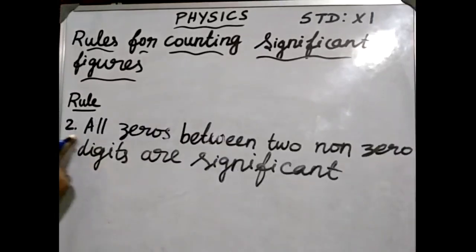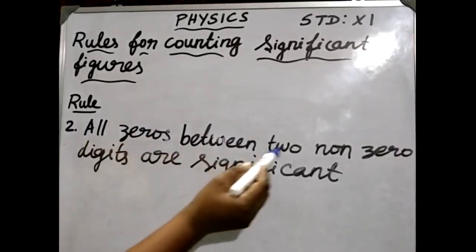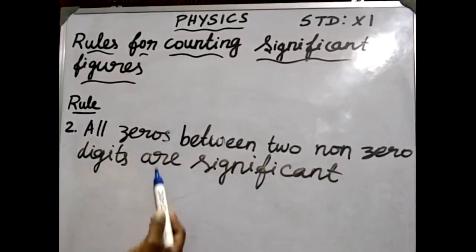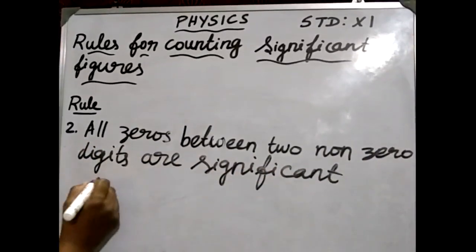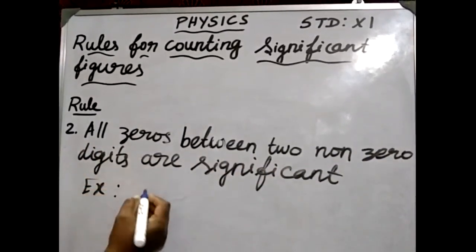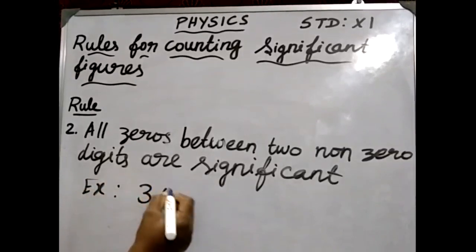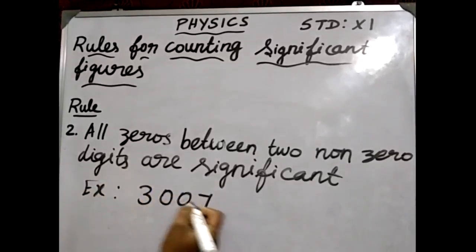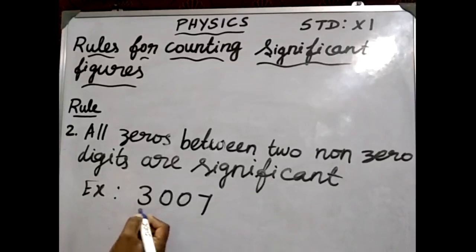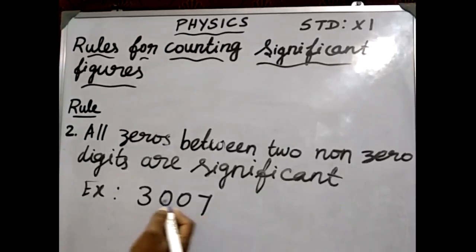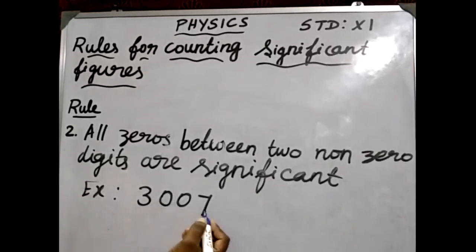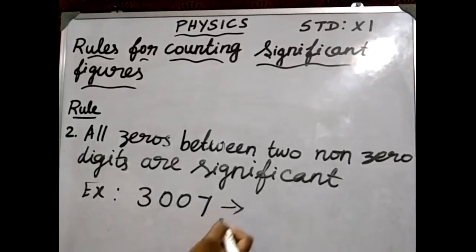Rule number 2, all zeros between two non-zero digits are significant. For example, 3007. Here we have 2 zeros in between 2 non-zeros. So all zeros in between 2 non-zeros are significant.